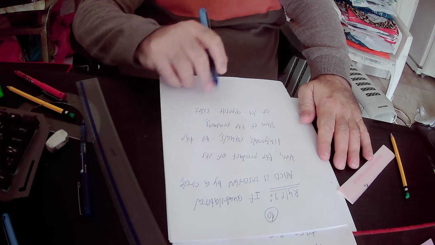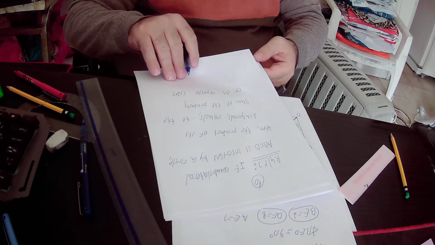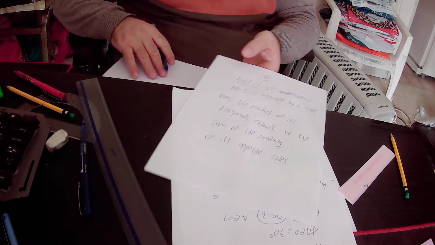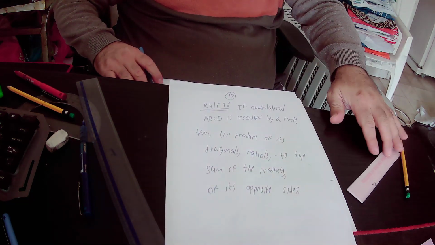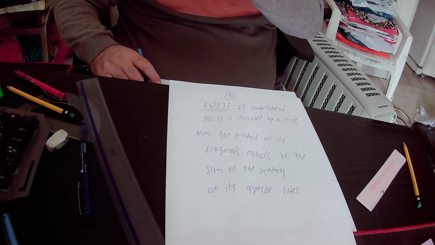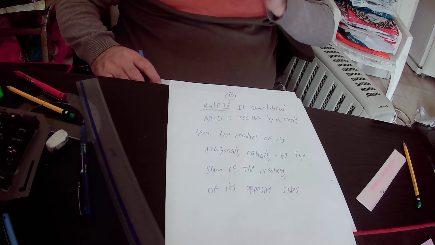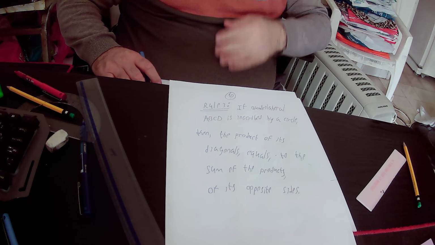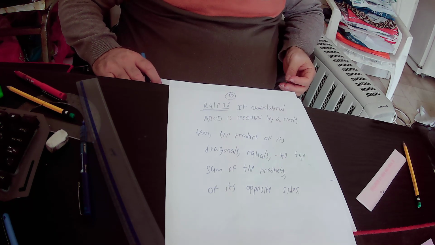So I repeat rule number 3 again. Rule number 3 says that if quadrilateral ABCD is inscribed by a circle, then the product of its diagonals equals the sum of the products of its opposite sides.